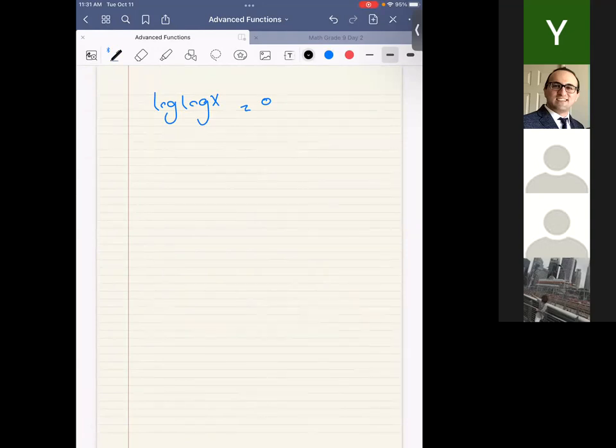So first look at the first log. Whenever you have log of a equal to 0, that means a has to be 1, right?